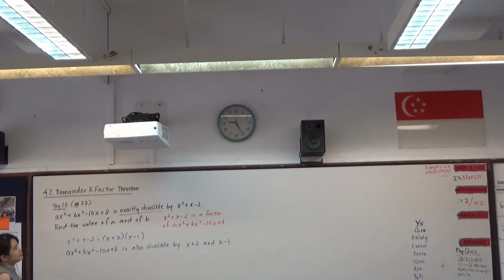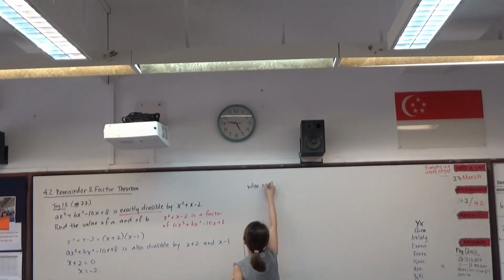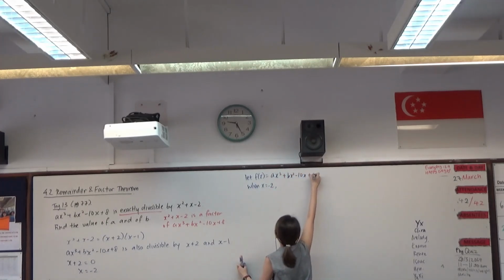So if I want to find out the value of a and b, making use of the first factor x plus 2, I can find the value of x to be negative 2. And when x equals negative 2, my polynomial, I forgot to define, let f(x) equal ax cubed plus bx squared minus 10x plus 8.